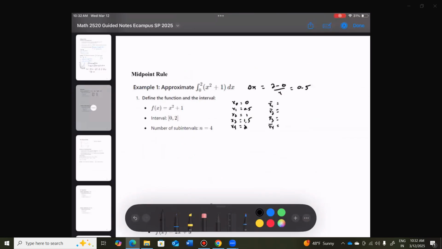So we're going to do 1/2 of 0 plus 0.5, 1/2 of 0.5 and 1, 1/2 of 1 and 1.5, and 1/2 of 1.5 and 2.